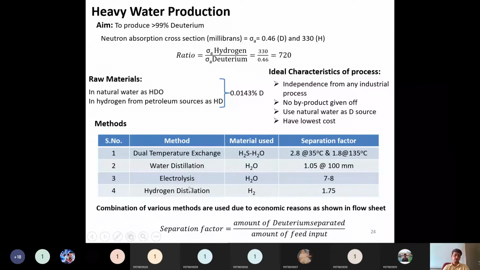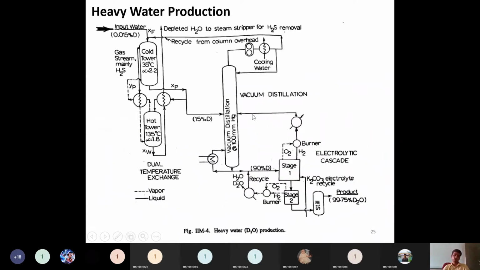Using only one process to produce the required concentration is not economical. However, the combination of processes shown in the flow sheet is very advantageous to produce heavy water containing 99% deuterium. In the flow sheet, all the combination of processes will be there.